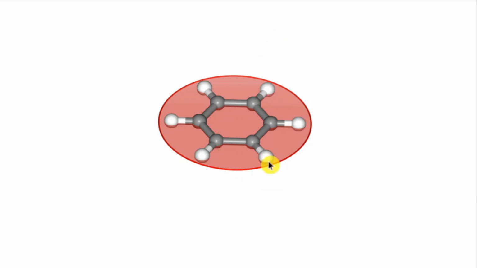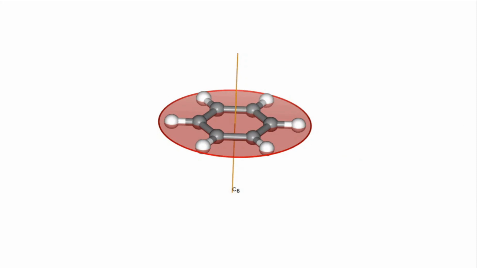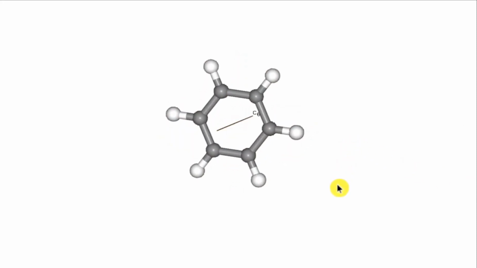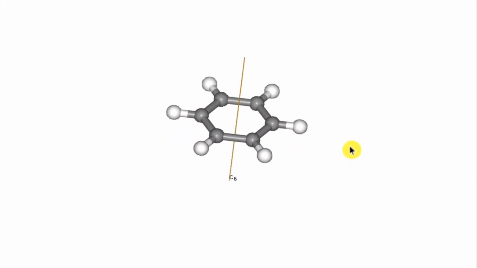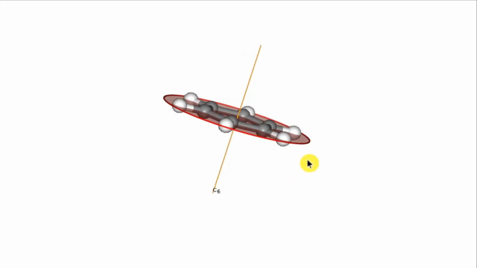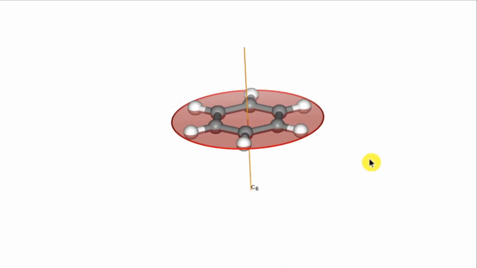What is that axis? That passes through the center of the benzene ring, and if I show the axis, this is the axis. So I have a C6 axis that passes through the center of the benzene ring, and there is a reflection plane that is perpendicular to this axis, and such a plane is known as a horizontal plane.